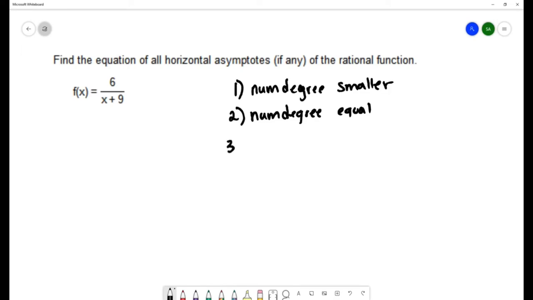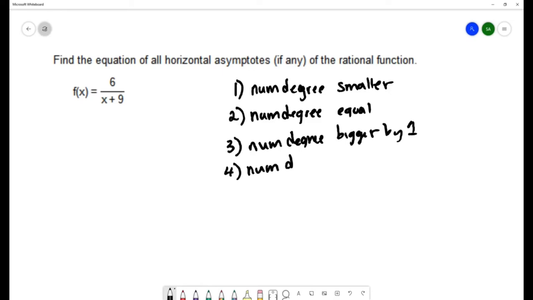In the third case, the numerator degree is bigger by 1 than the denominator degree. And in the final case, the numerator degree is bigger by more than 1.